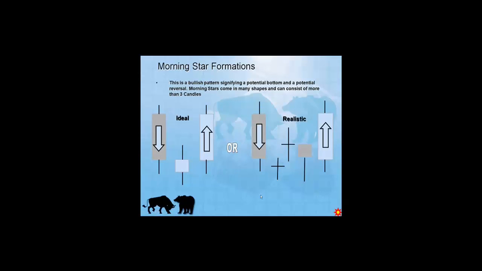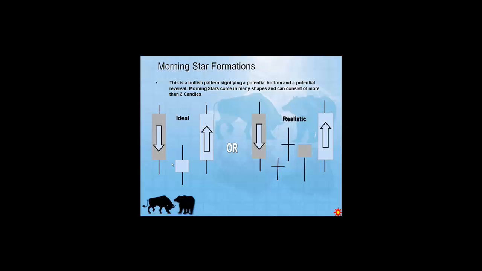Now, the morning star formation would be the opposite. This is a bullish formation, and this is ideal. We have a bearish candle down, then we have indecision, and then we have a decision up. So we've got a bearish candle of decision, an indecision candle, and this one doesn't matter if it's bullish or bearish as long as it's indecision, and then we've got a bullish decision.